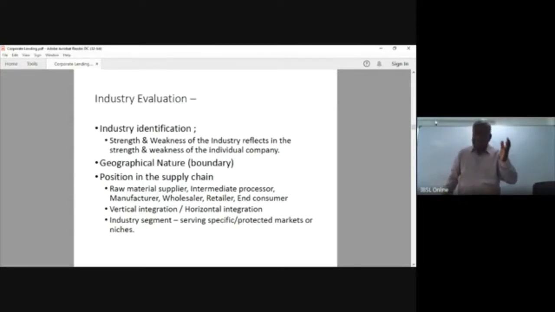The strength and weakness of the industry affect the strength and weakness of the individual company, so they will affect your customer also. Now we are going to analyze certain things within the industry.